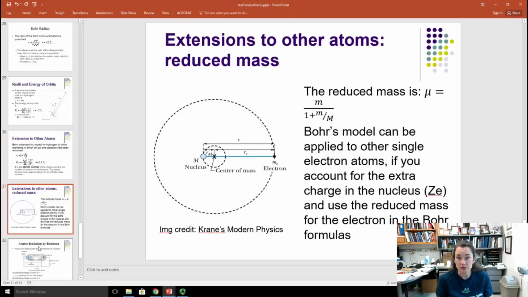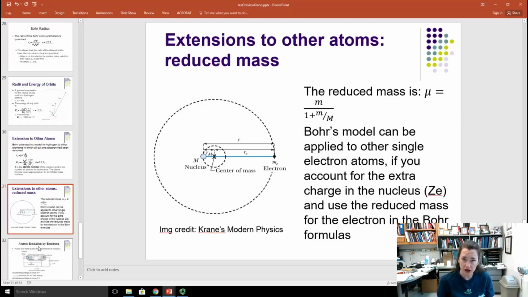The reduced mass mu is the mass of the electron divided by 1 plus the mass of the electron divided by the mass of the nucleus. Here I call the mass of the electron little m and the mass of the nucleus big M. And you can see that since the mass of the electron is about 1,000 times smaller than the mass of the nucleus, basically the reduced mass is very close to the electron mass.